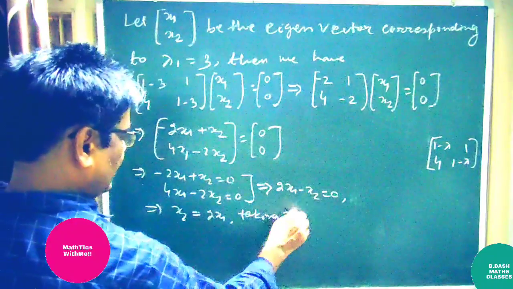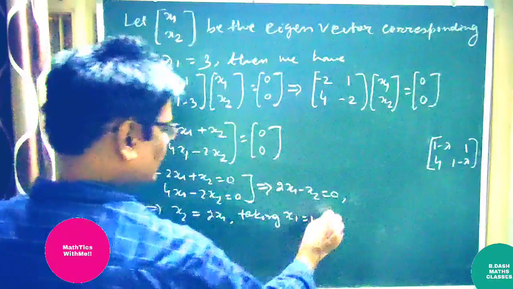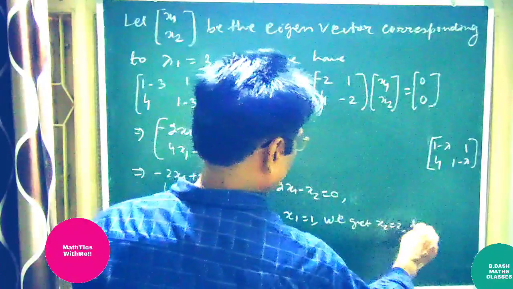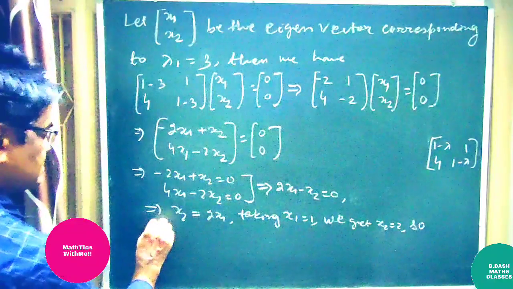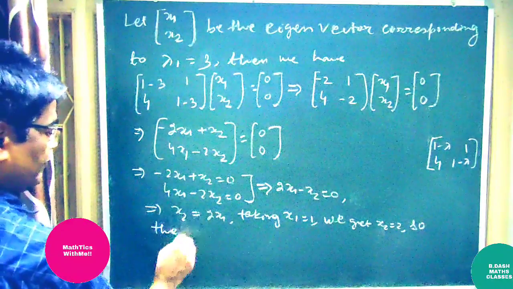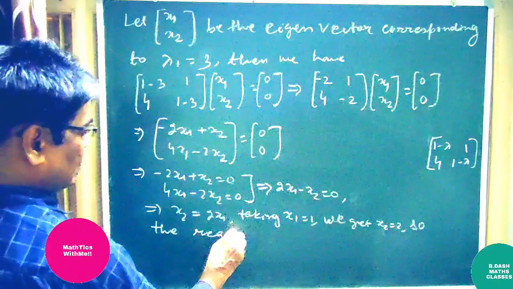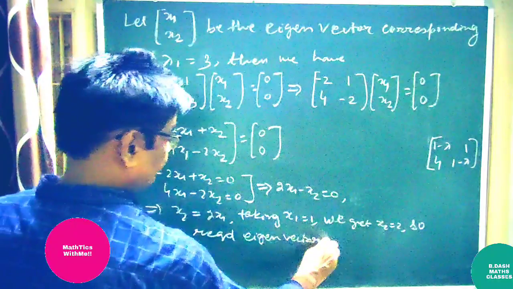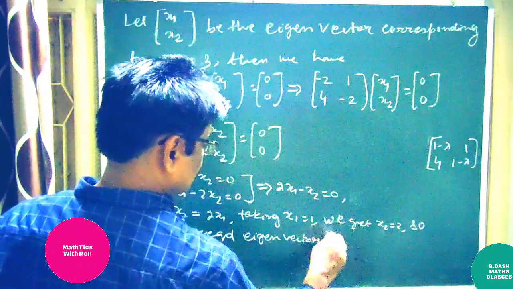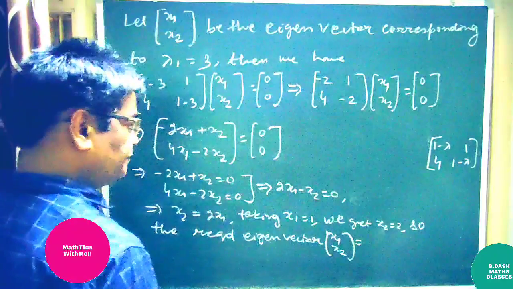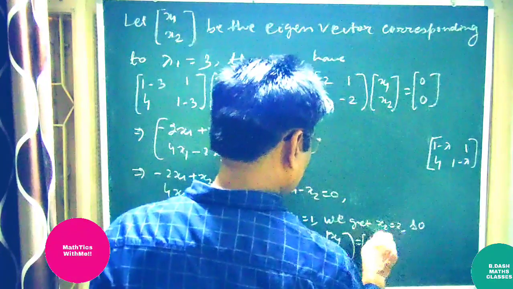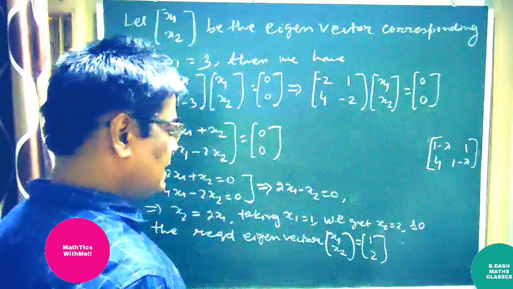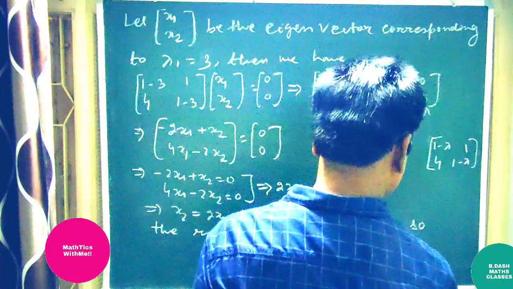Taking x1 is equal to 1, we get x2 is equal to 2. So the required eigenvector [x1, x2] is equal to [1, 2].